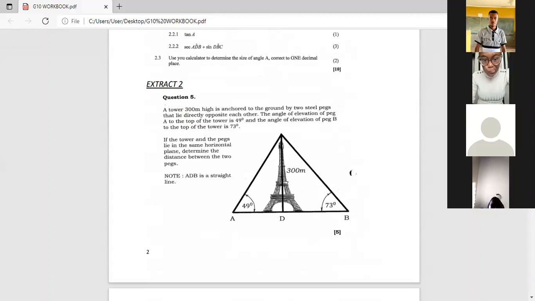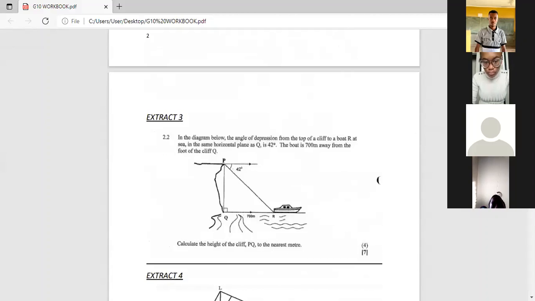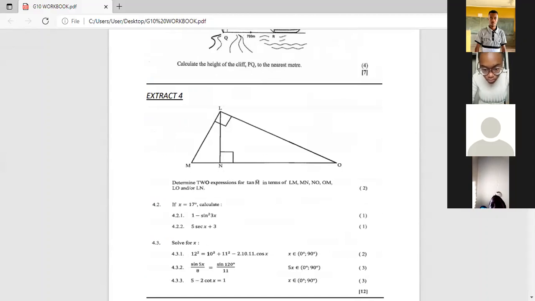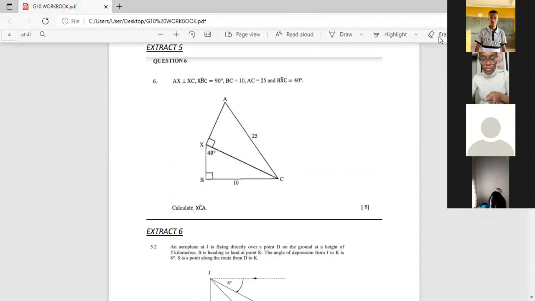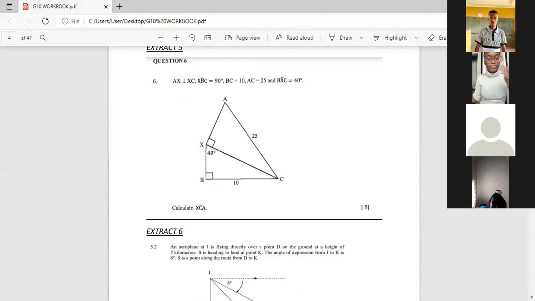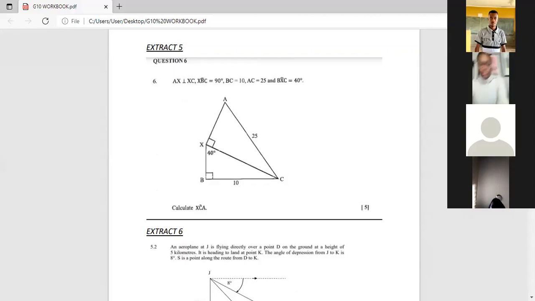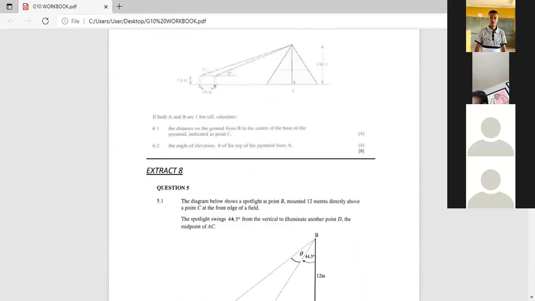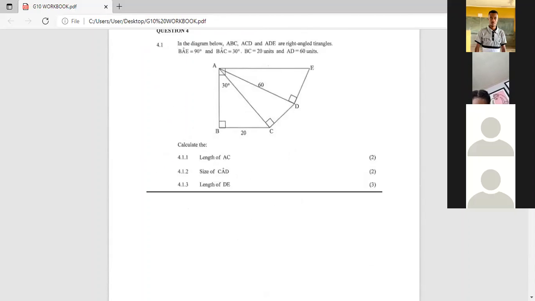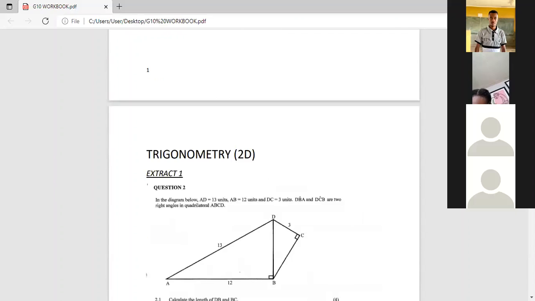We didn't do the second, so we're going to be looking at the second extract today, as well as the third, and then the fourth. We did the fourth. Well, this was just what we did the first time, so we actually did not include it. We did extract number 5. We have extract number 6. If I remember well, this was work you were supposed to do on your own. And then extract number 6, I think we did extract number 6. Well, that's what I'm thinking, but I'm not sure. But we're going to look at these ones that haven't been completed yet. After the first one, of course.